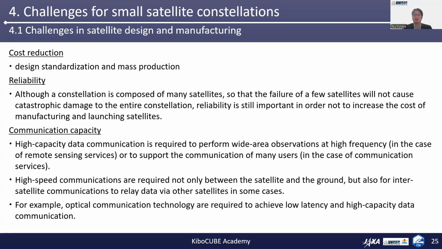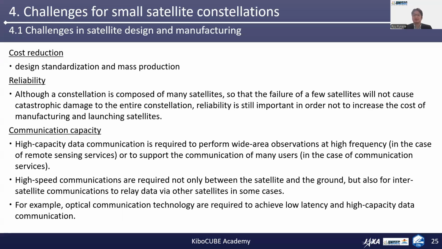Communication capability is another important parameter in constellation performance. In the case of remote sensing, a high capacity of data communication is required to perform observations over a wide area with high frequency. And in the case of satellite communication services, high communication capacity is also required to support the communication of many users.